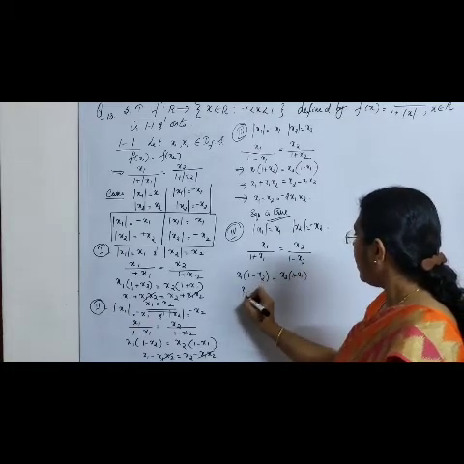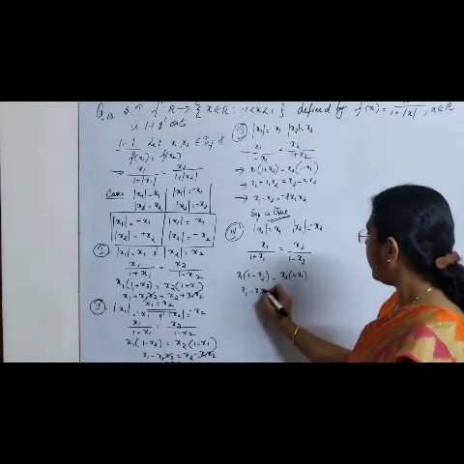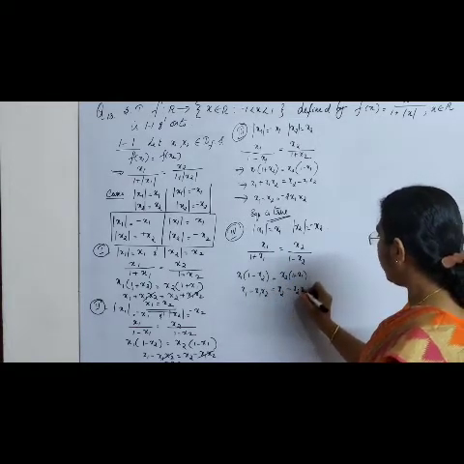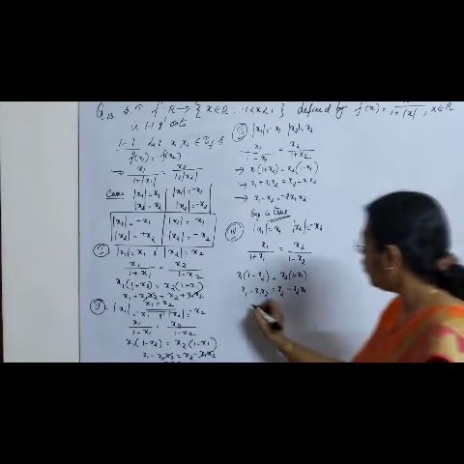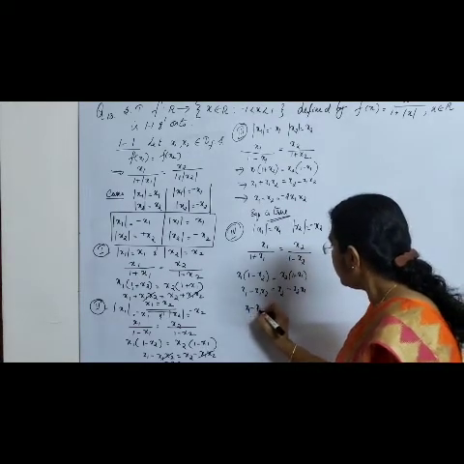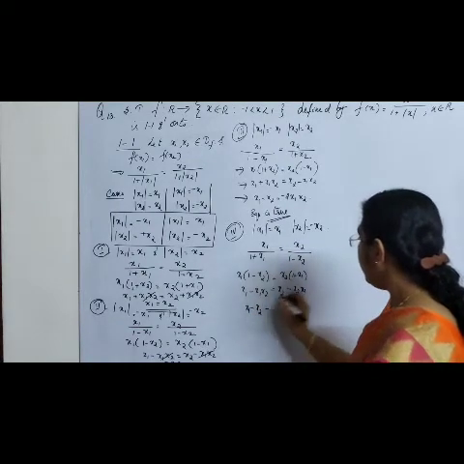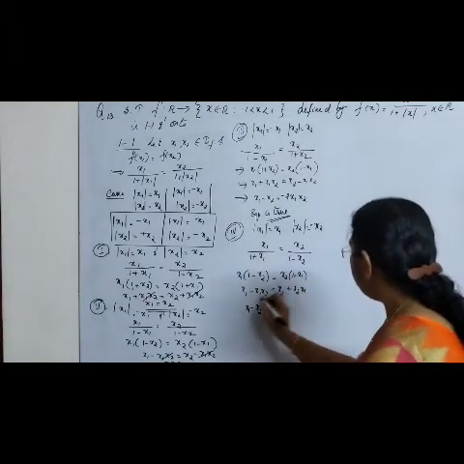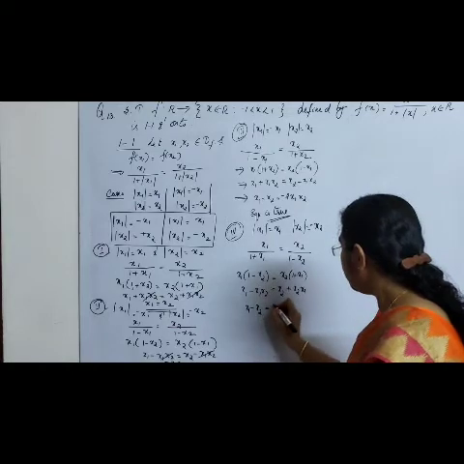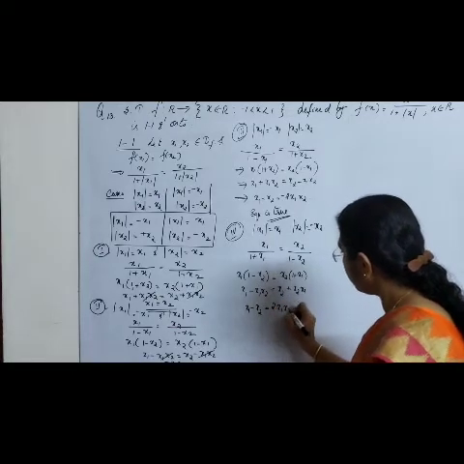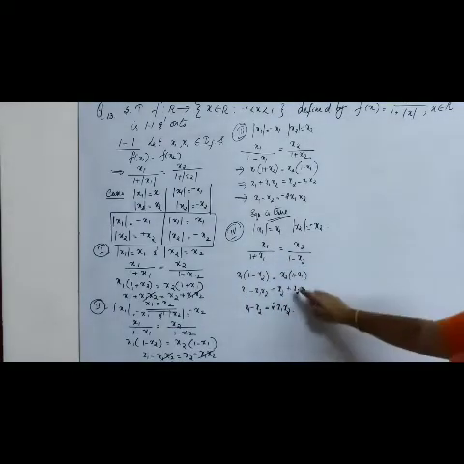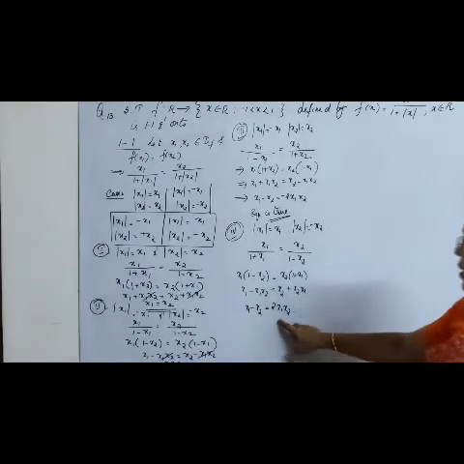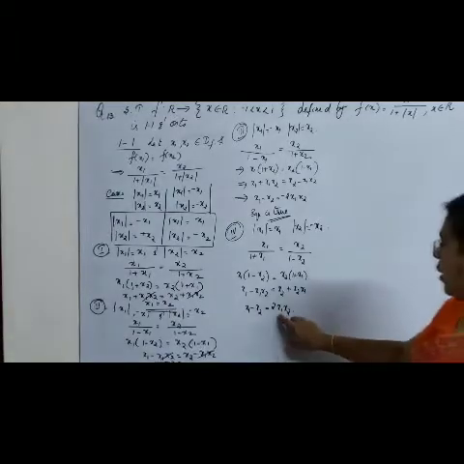Removing the brackets, x1 minus x1 x2 is equal to x2 minus x2 x1. Now combining these two, what will I get? x1 minus x2 is equal to, when it comes to this side, no, this is plus here. When it comes to this side, it gives you 2 times x1 x2. I just made a mistake by writing negative here, but this is positive. So x1 minus x2 is equal to 2x1 x2.